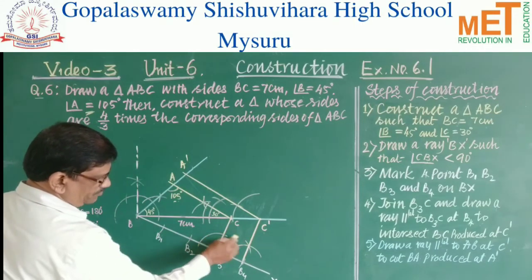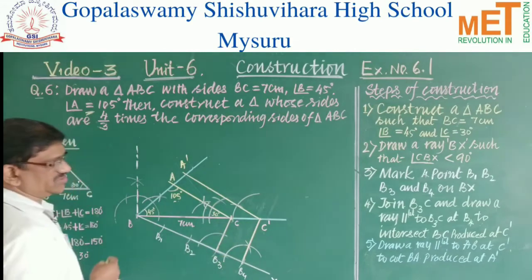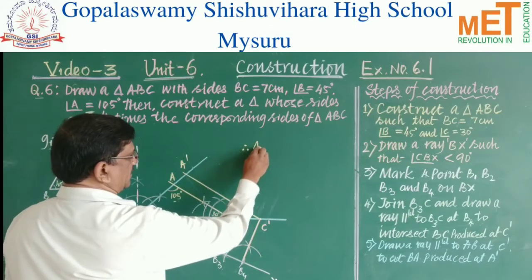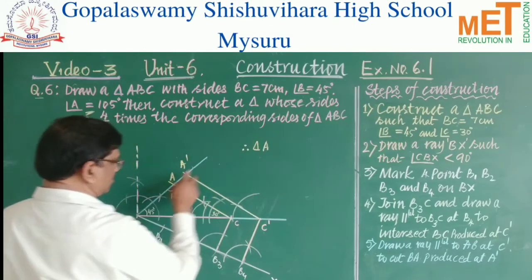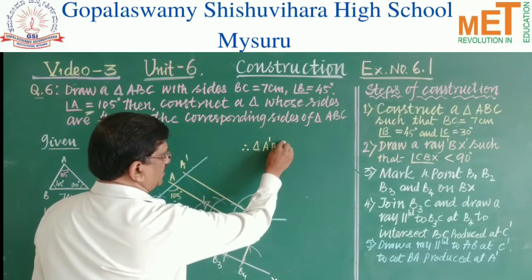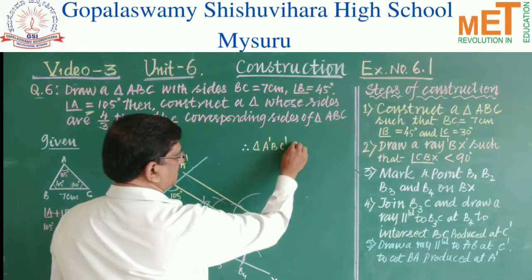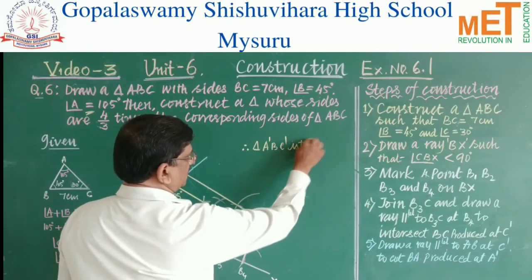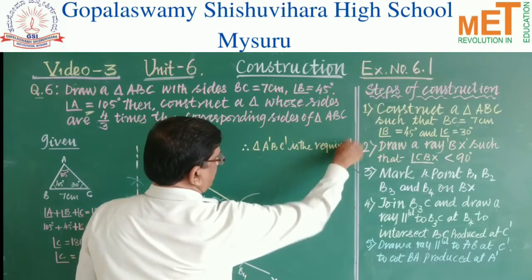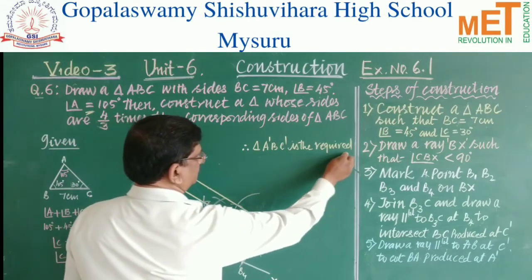And similarly, these two lines are parallel to each other. Therefore, what is your triangle A dash B C dash? A dash B C dash is the required triangle.